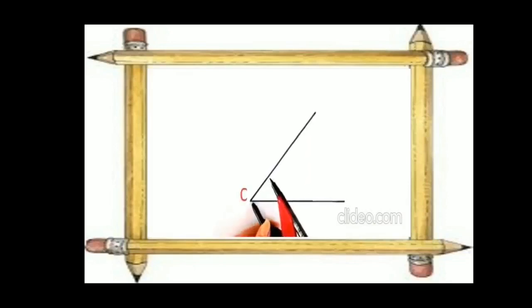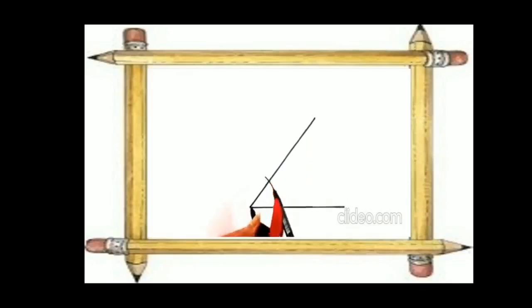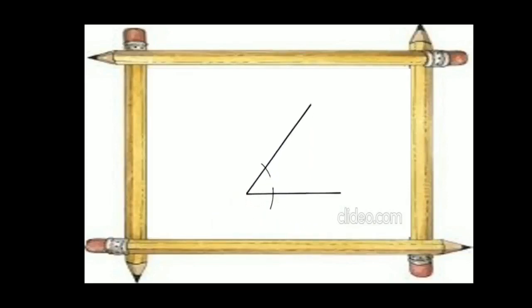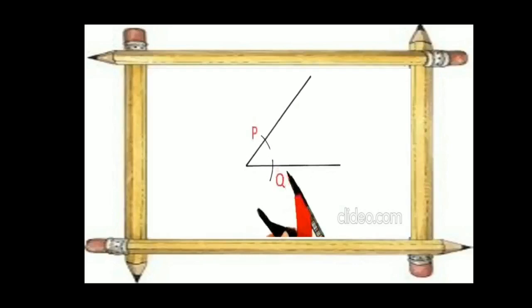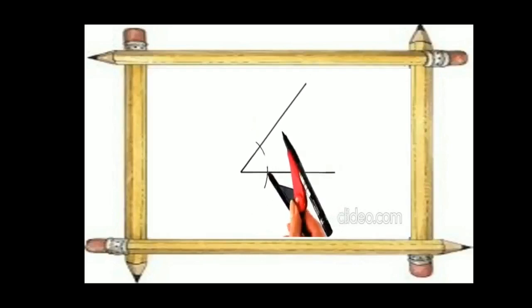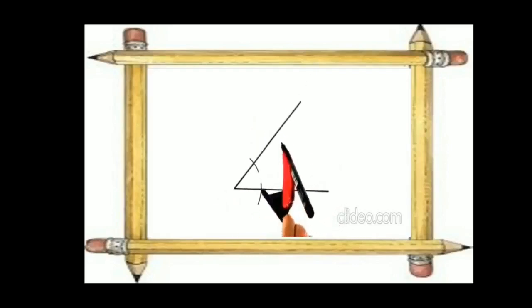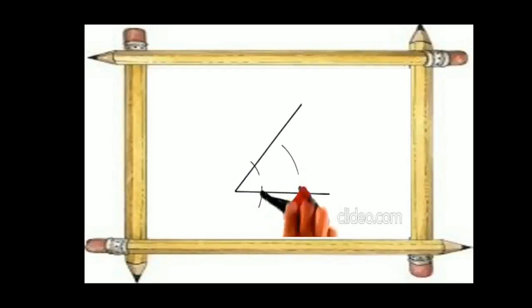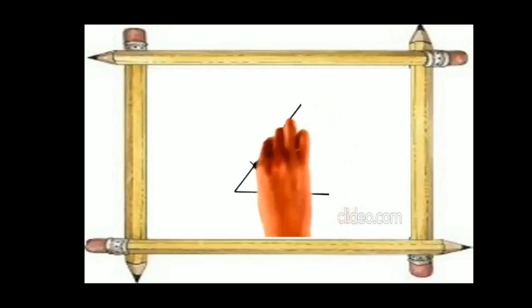So the first thing is draw an angle of the required measurement as per the question. And here the vertex is C. From C, using the compass, any measurement, you can cut 2 arcs like this, and thus 2 points are P and Q. Now from P and Q, again take the compass and use any measurement and cut like this, any radius.